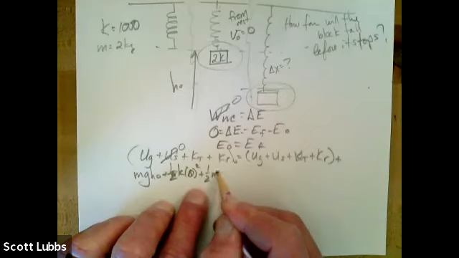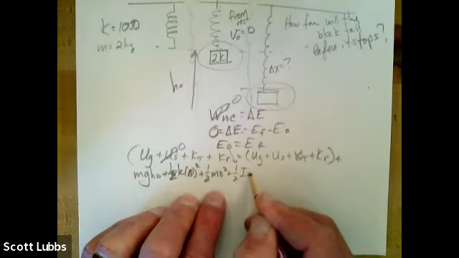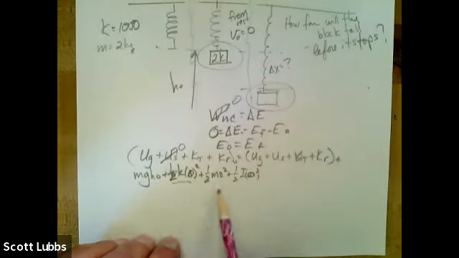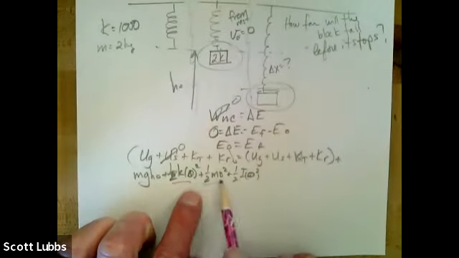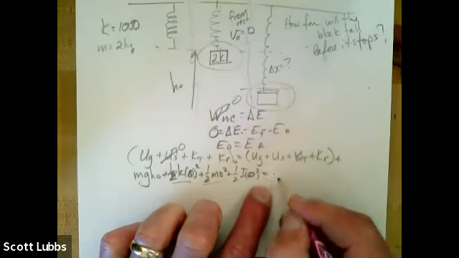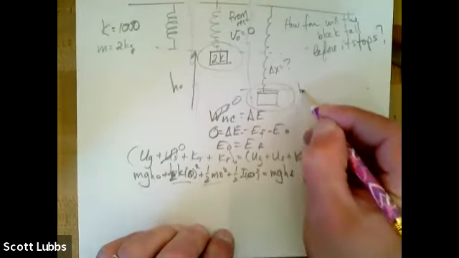Plus 1/2 m v squared plus 1/2 I omega squared. The spring is not compressed. There's no energy already stored in there. It's not moving and it's not rotating. Finally, m g h final. Here's my h final.